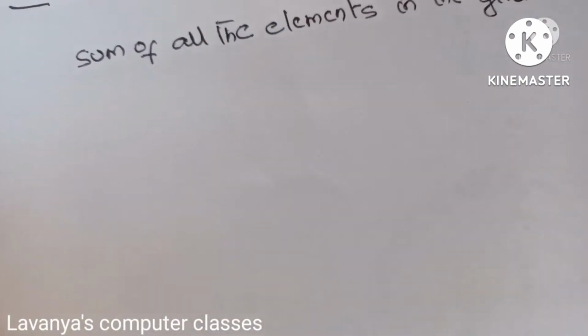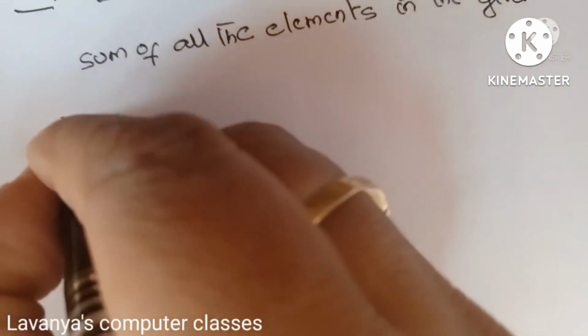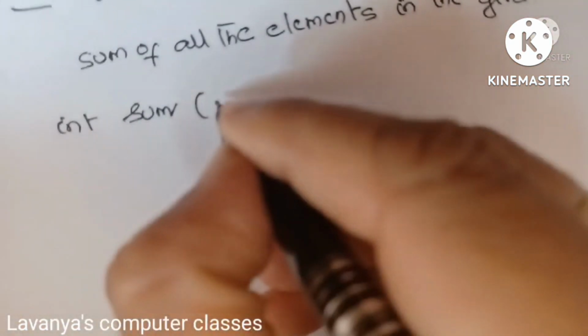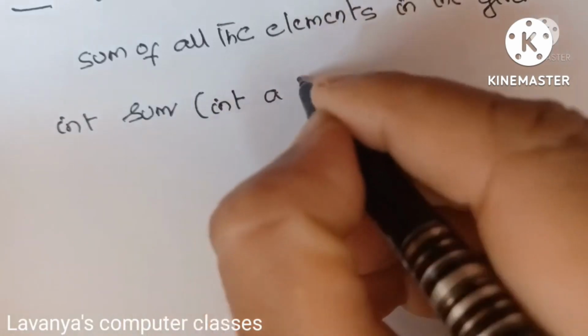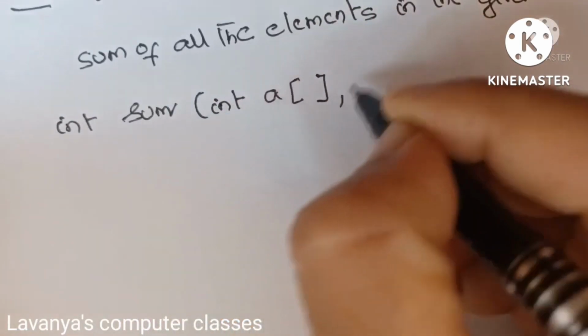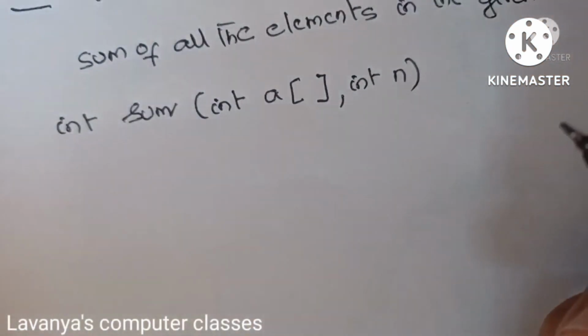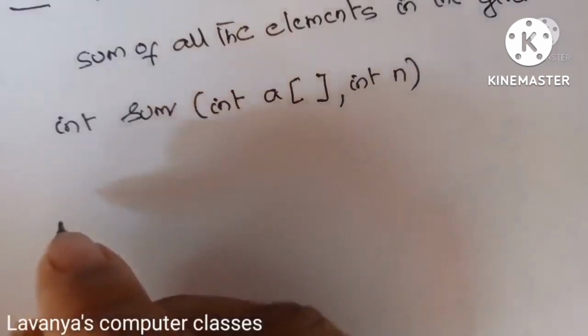So int sum is my function name. I need one array, array name is A, and the size of the array is n. So int A and int n.